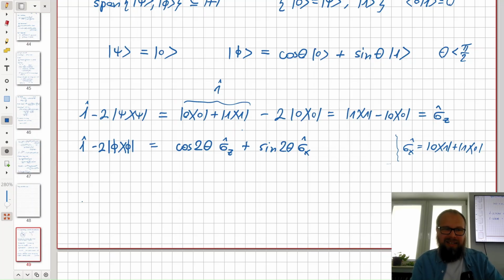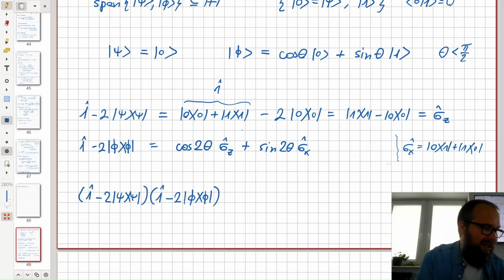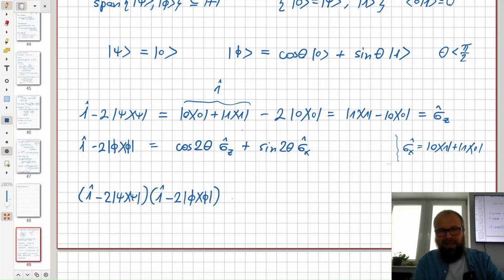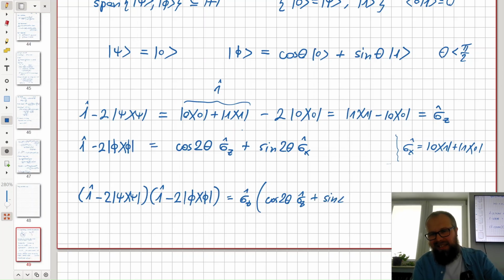looking at this, now if you imagine that we take a product of those two reflections, phi, okay. We are constructing here, so this will be sigma z acting on cosine twice sigma z plus sine sigma x.